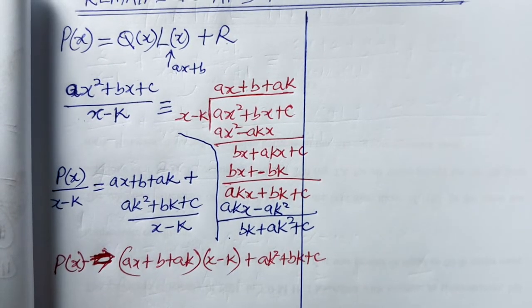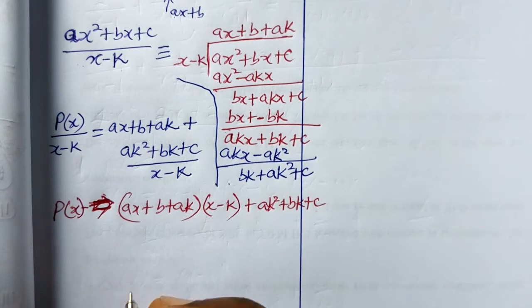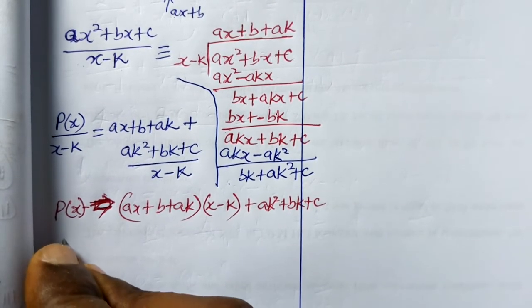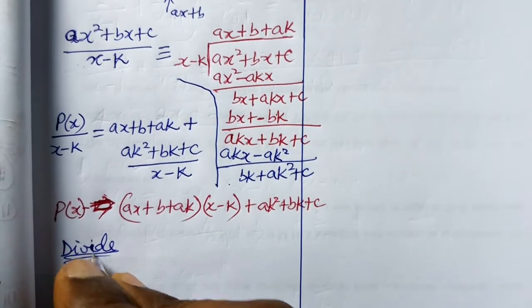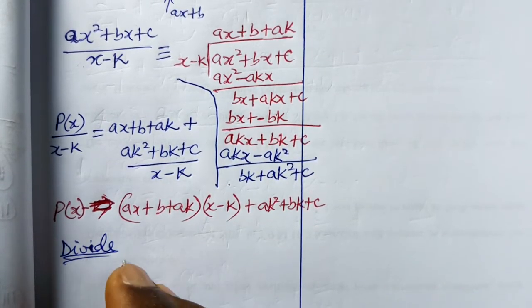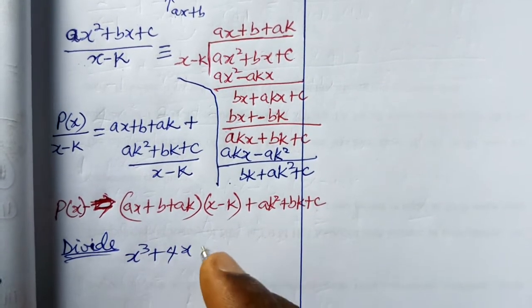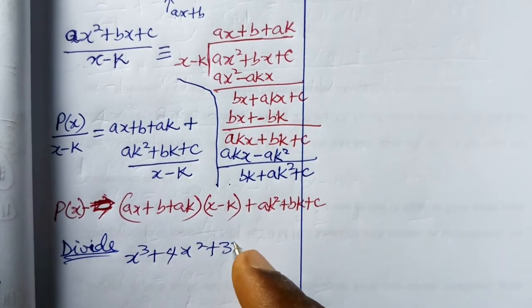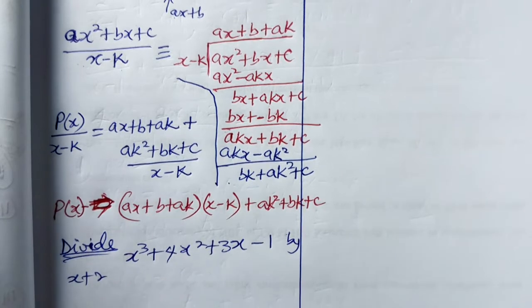So for instance, let's assume that we are asked to divide x cubed plus 4x squared plus 3x minus 1 by, let's say, x plus 2.